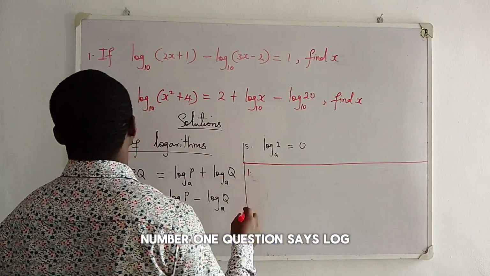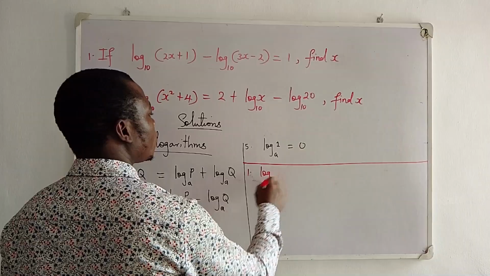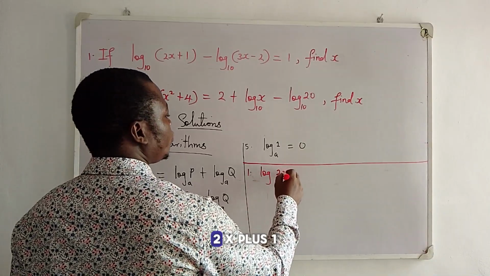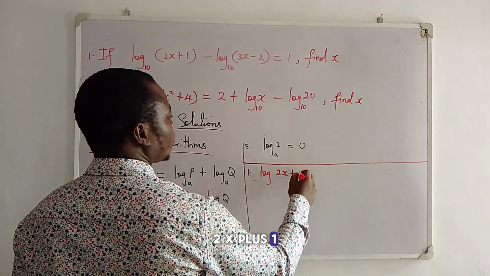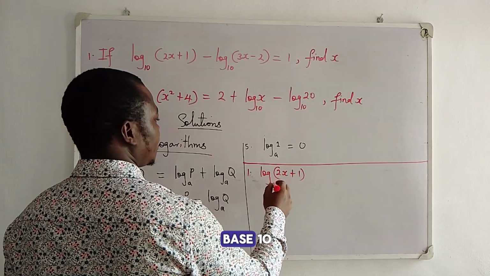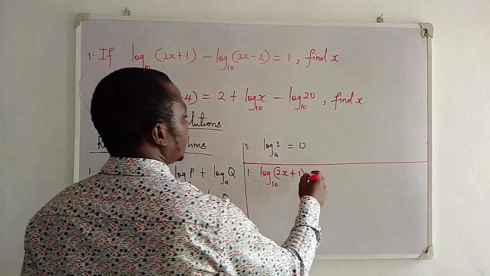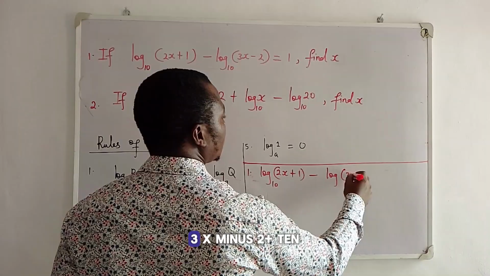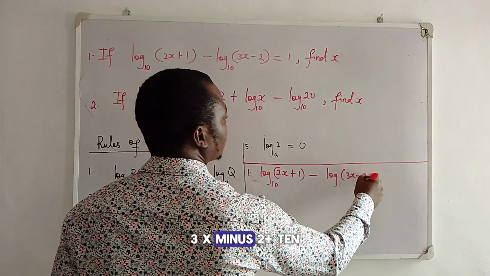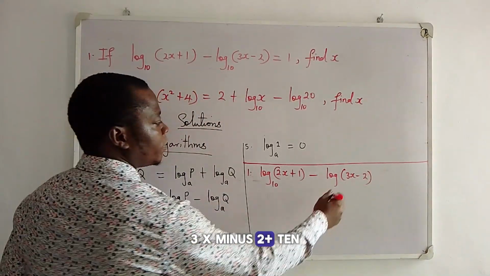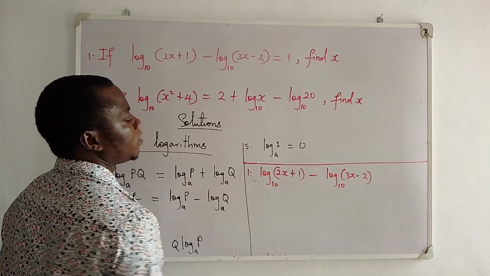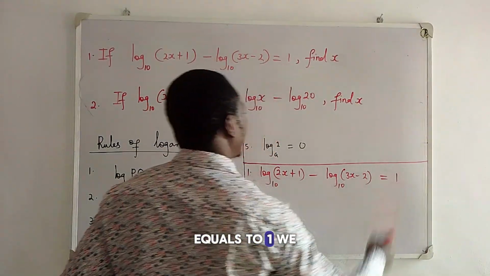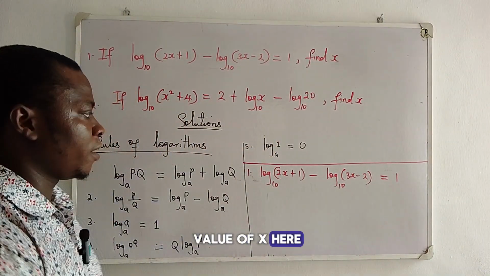Number 1 question says log of 2x plus 1 base 10 minus log of 3x minus 2 base 10 equals 1. We have to find the value of x here.